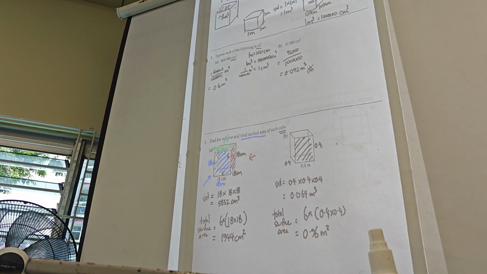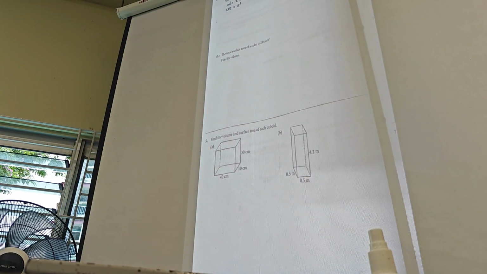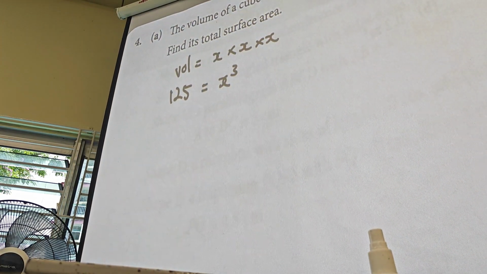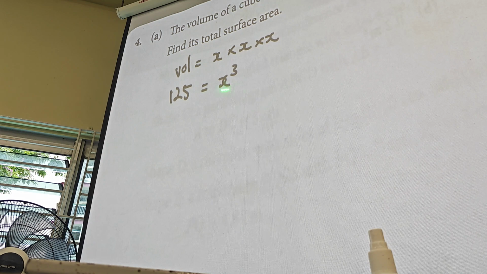In the next question, this time round, I start with not knowing the side. But I know it is still the same: side times side times side will give me the volume. This time it is the side that I don't know, and the volume that I know. So now I can use the volume to help me find back my side.